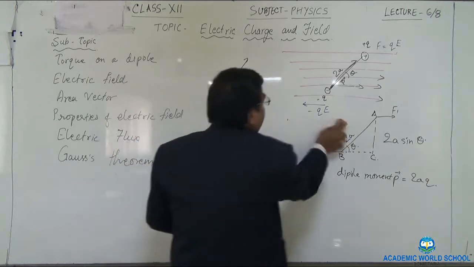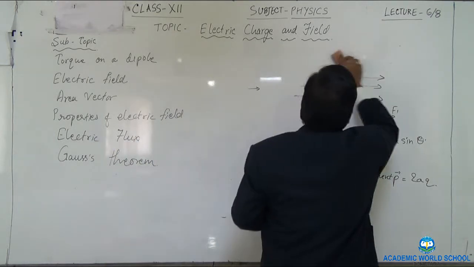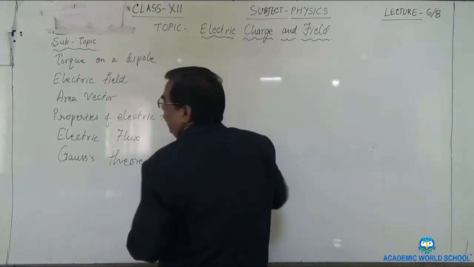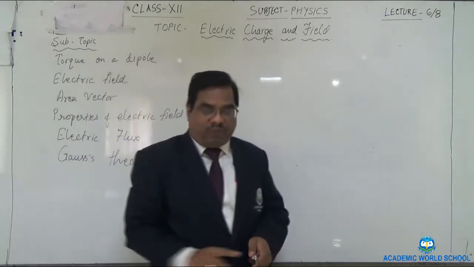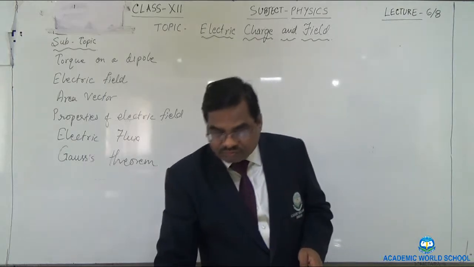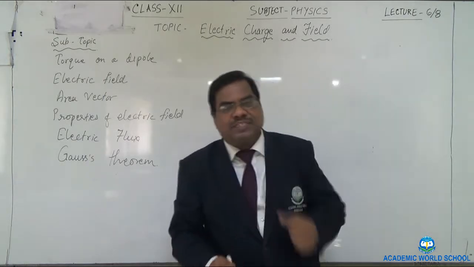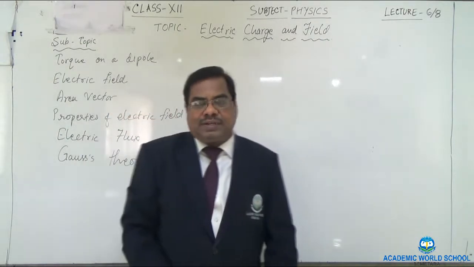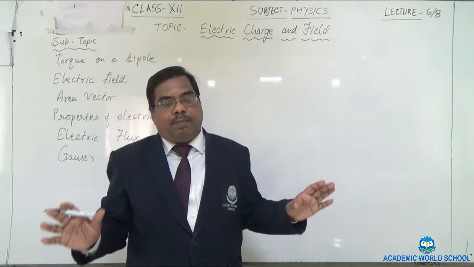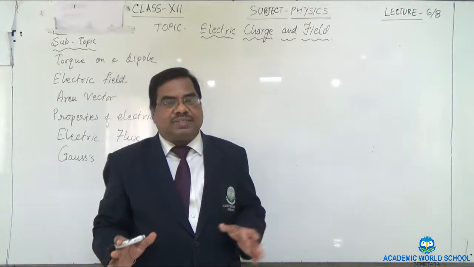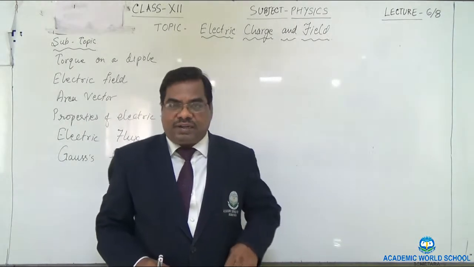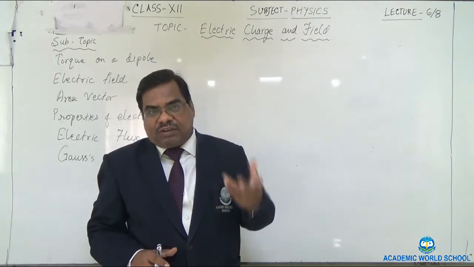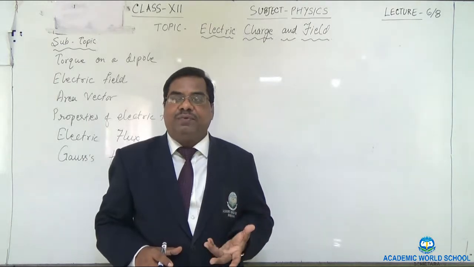So now the most interesting thing. Now we are going to proceed in this topic in electrostatics, and that is the electric field lines. They are imaginary lines, but their pattern helps us to know the direction of the electric field and its nature, where the electric field is strong, where it is weak.